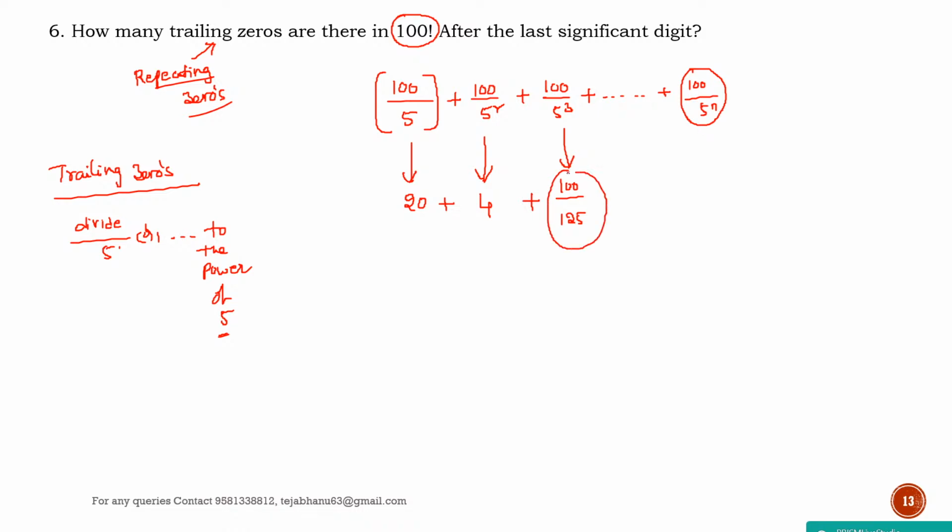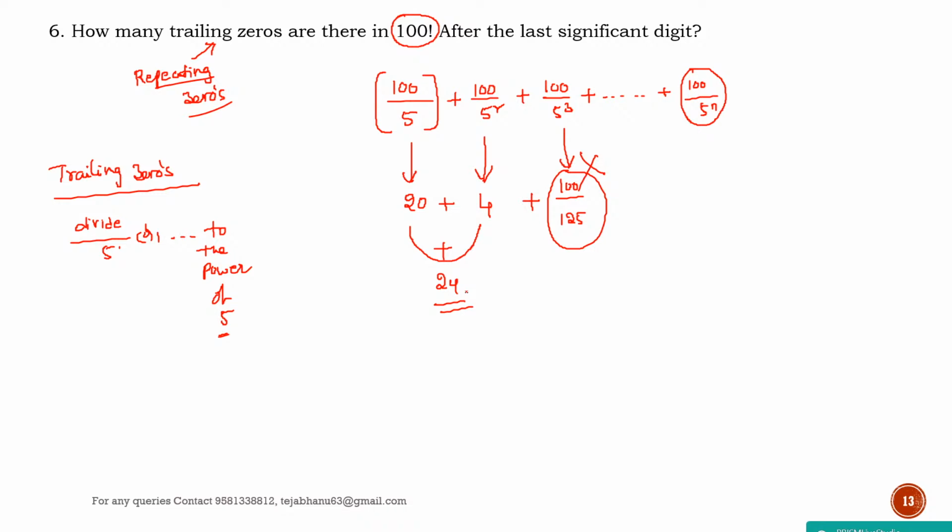The coefficient we can't determine, it is 0. We'll get the coefficient in points, so eliminate it. It is 24. There are 24 zeros in 100 factorial.